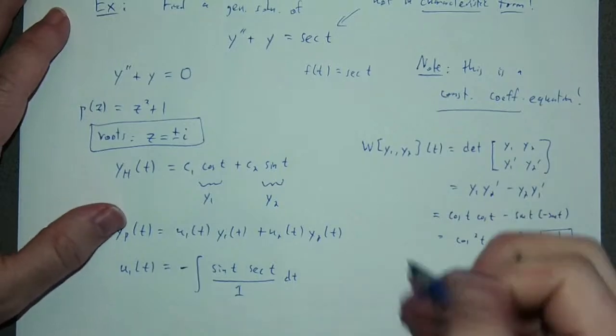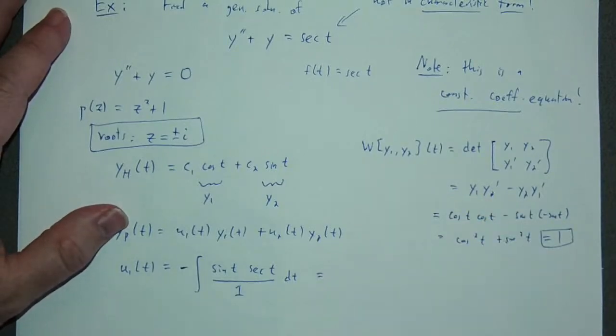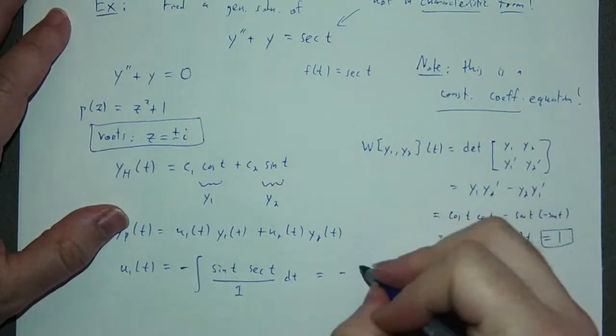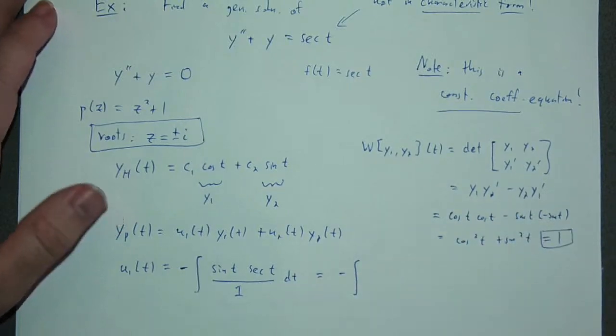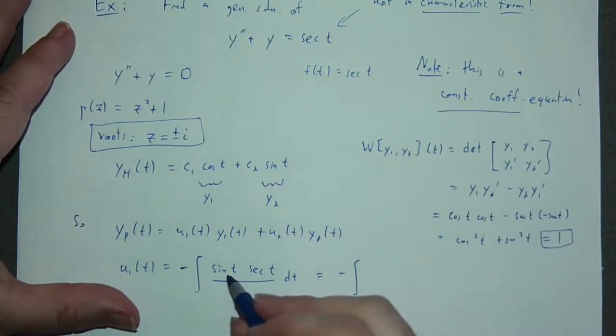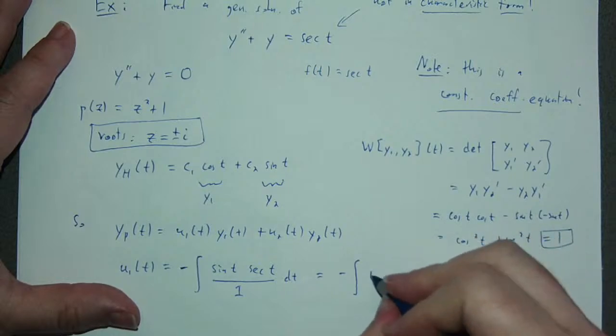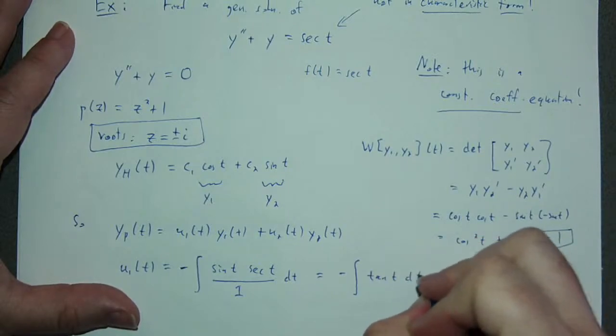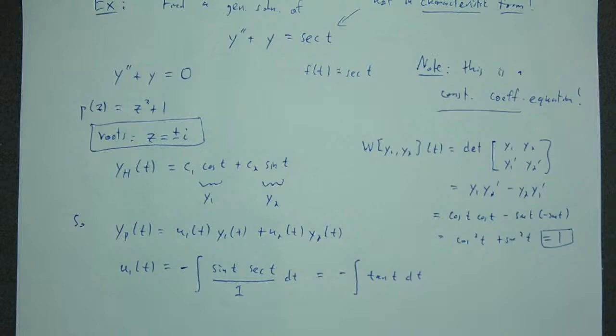Well, what is this? This is equal to minus the integral. The secant of t is 1 over the cosine. So this is really sine over cosine, or tan t dt. Well, you could have left it as sine over cosine if you really wanted to and done substitution, or you can just remember what the integral of tan t is. So I already have the minus here, so I'm good to go with that.